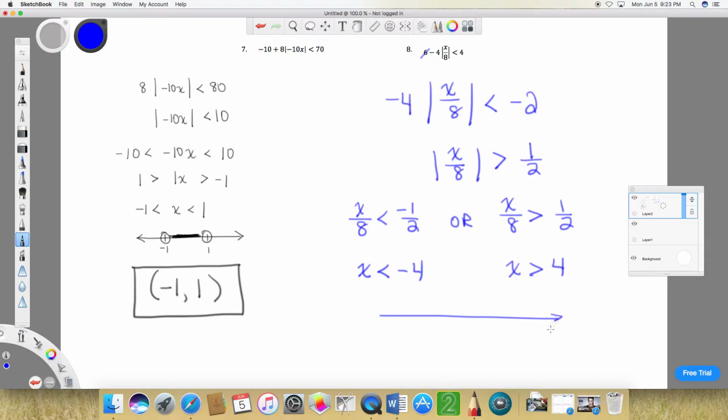Let's sketch this on a number line. Negative 4 and positive 4 are our critical points, or you can refer to them as boundary points or endpoints.